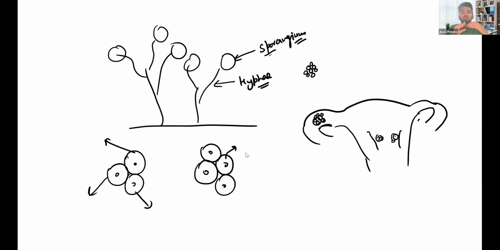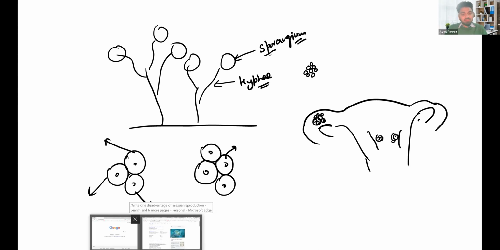So whenever an organism reproduces by the asexual method, the variation is very less, so the chances of survival are less. But if an organism reproduces by the sexual method, then the variation will be more and the chances of survival will be more. You understood? Yes, sir. Okay, next question here.